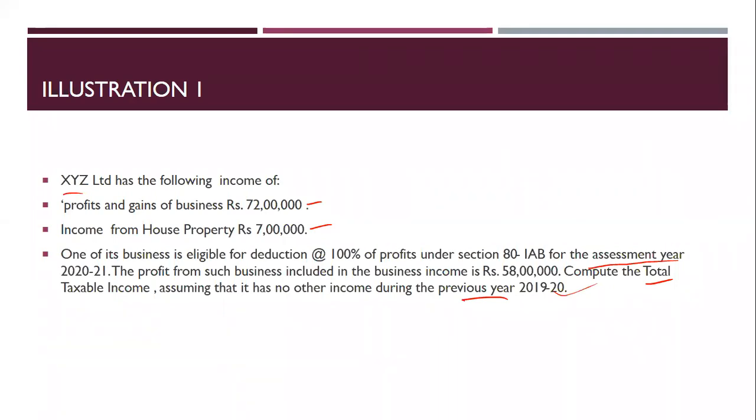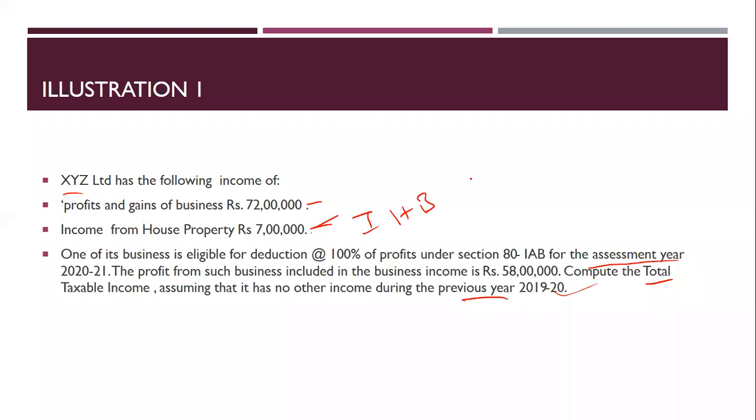Do we have any income here? Yes, we have an income of 7 lakhs. So this comes under income from house property.